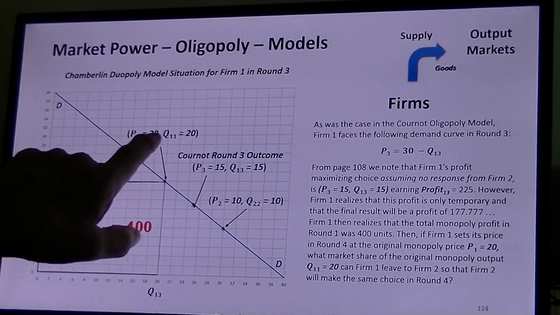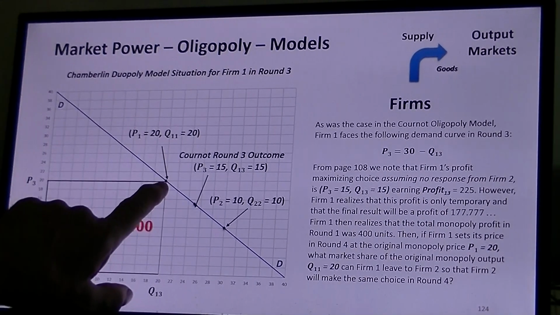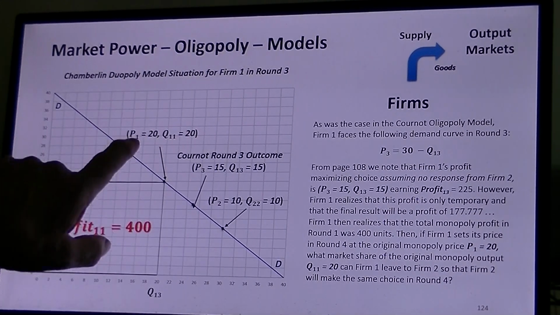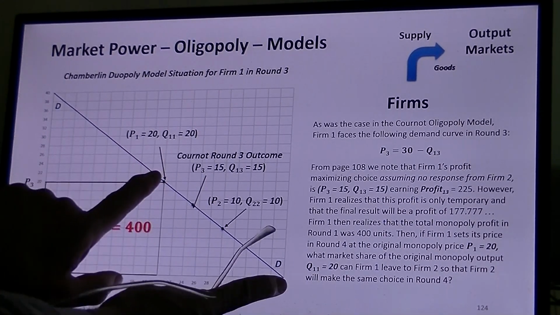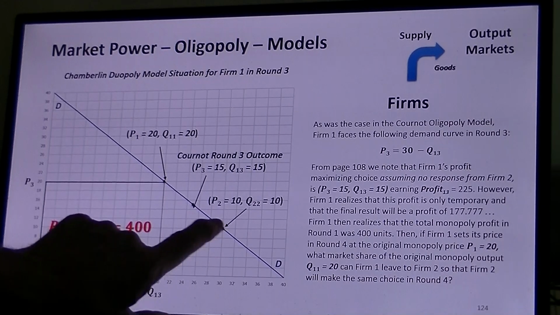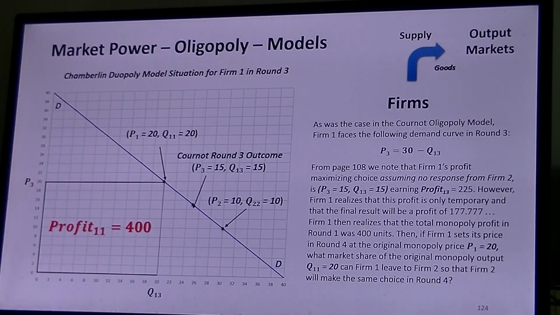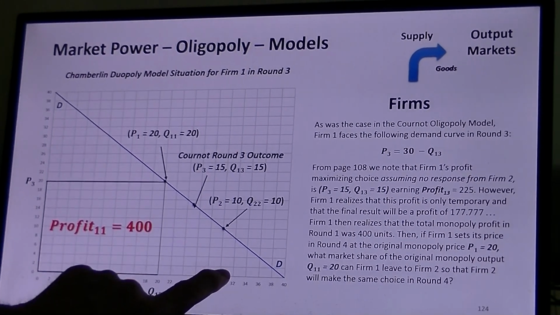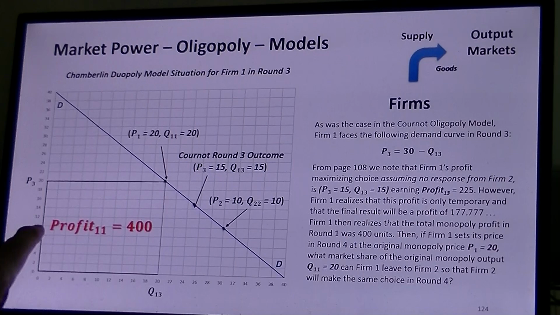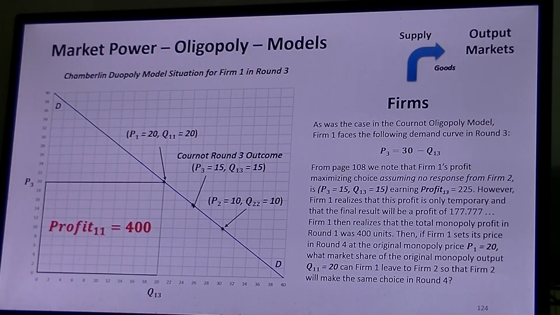We saw that the outcome was that firm 1 produced 20 at a price of 20. Firm 2 then only had the remaining market of 10 units, and produced 10 units of the good, from 20 to 30, at a price of 10.